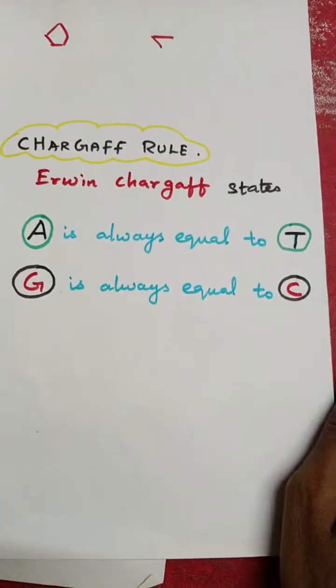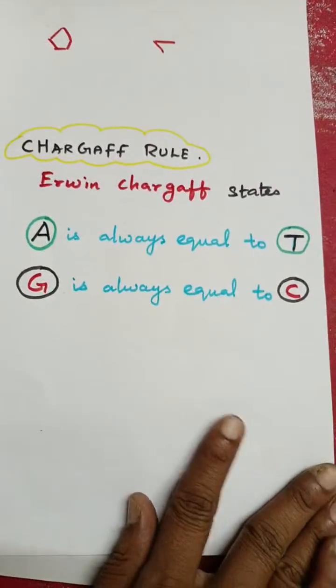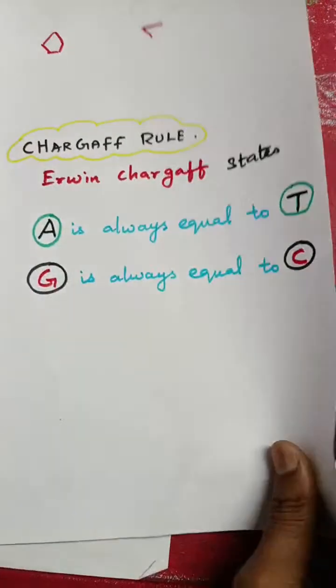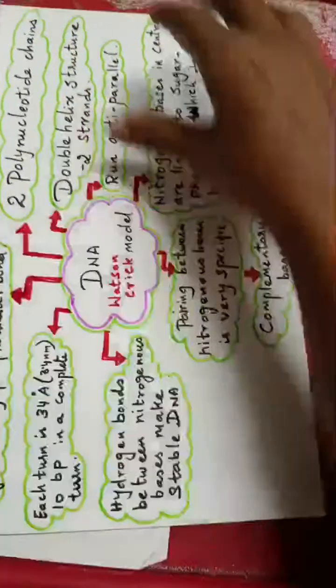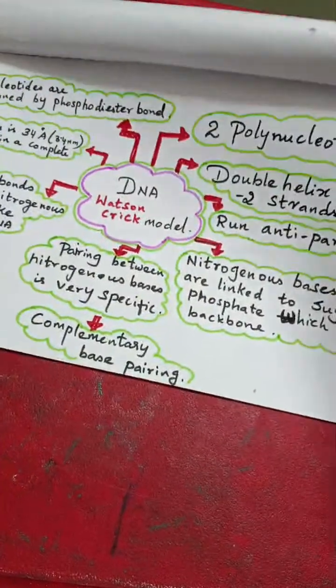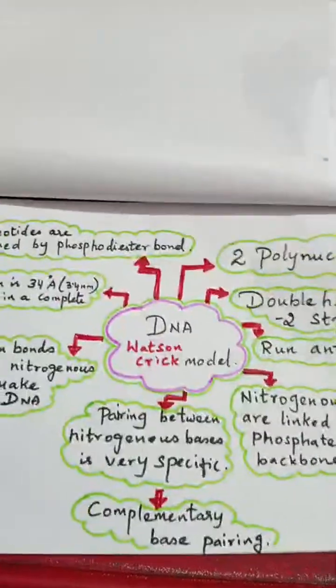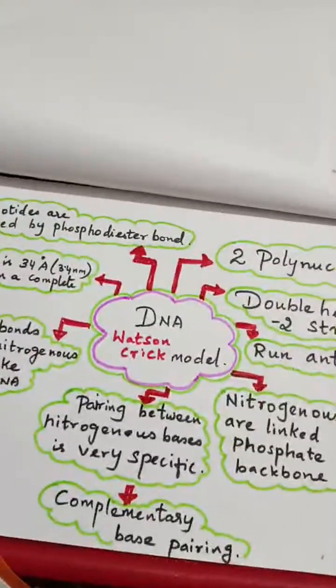Now we will see the Watson and Crick model in detail. Let me show a flow chart of the Watson and Crick model so that you will understand better.